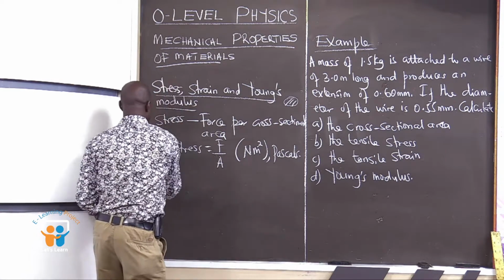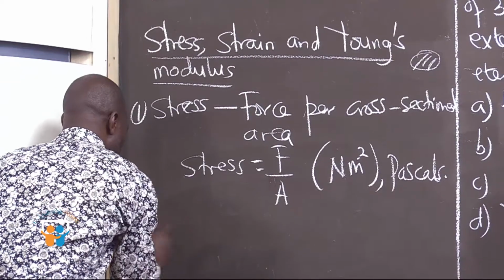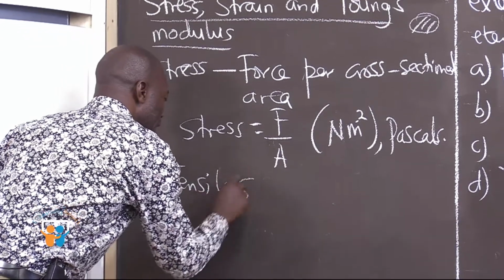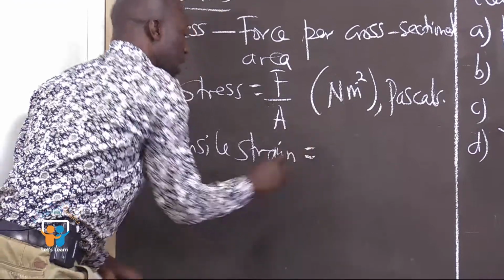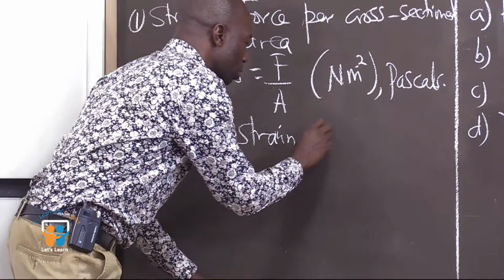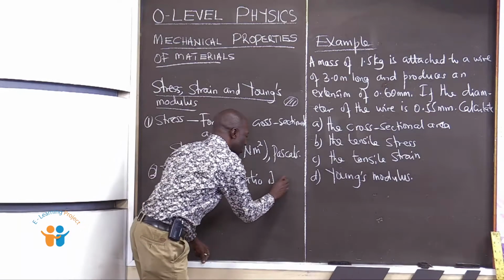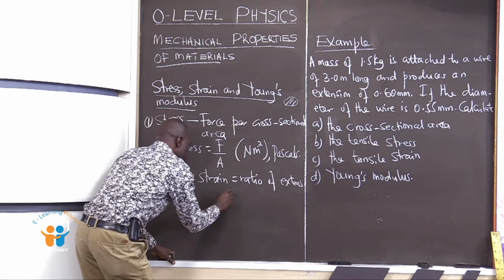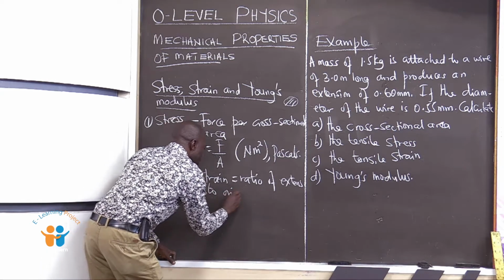The other one is the strain. The second one is strain, or tensile strain, or you can just say strain. This is a ratio of extension to original length.